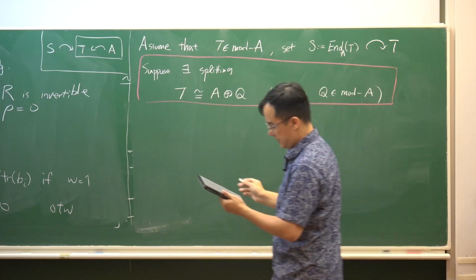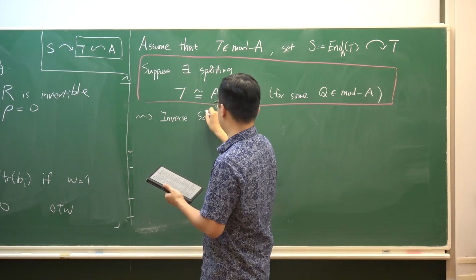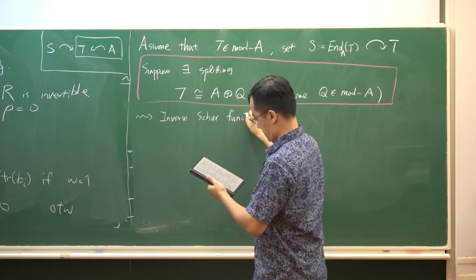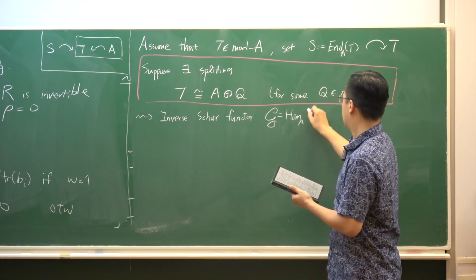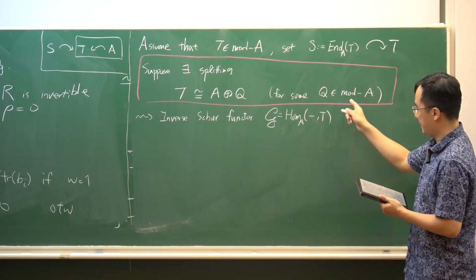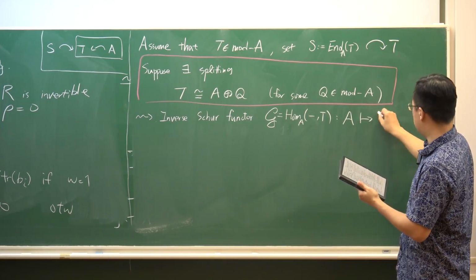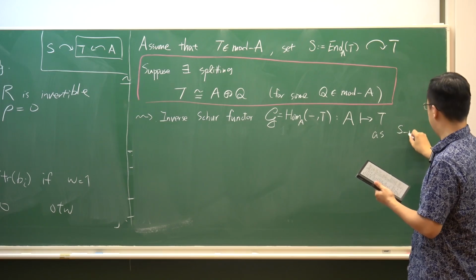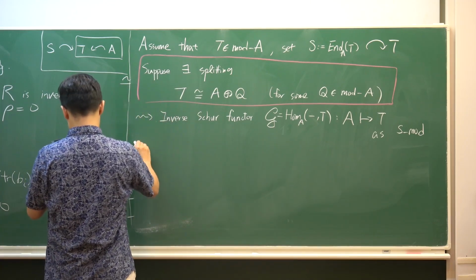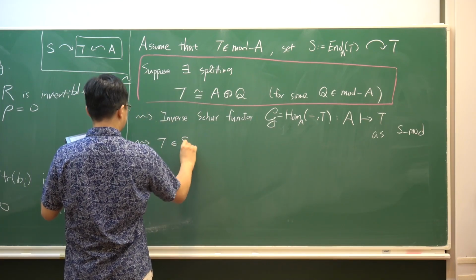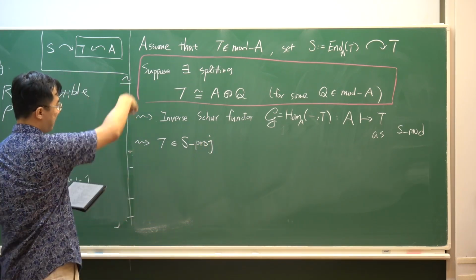And the consequence is you can first define an inverse Schur functor, putting the T on the right spot. This takes A to T as a left S module. And then you can check T is a projective S module because it's a direct sum of some free module inside.